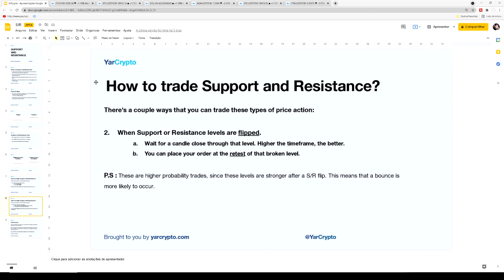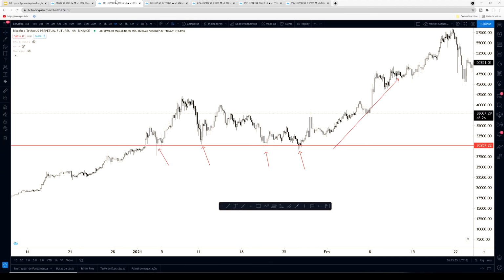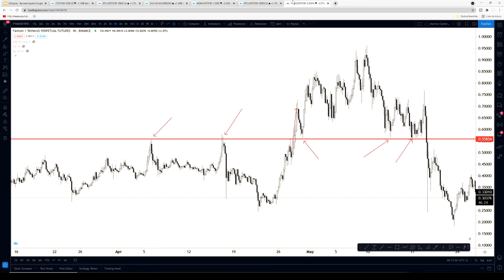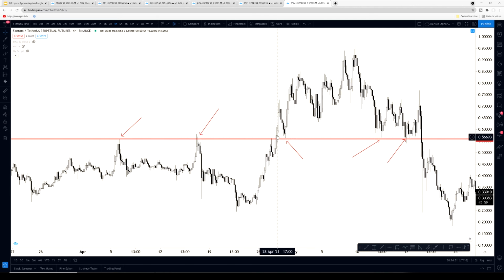Another example of this would be Phantom. You see that we had these two resistance points over here. A possible trade would be you wait for this level to be broken, like it has been broken here, and then you wait for the price to go up and come back into this pattern right here.